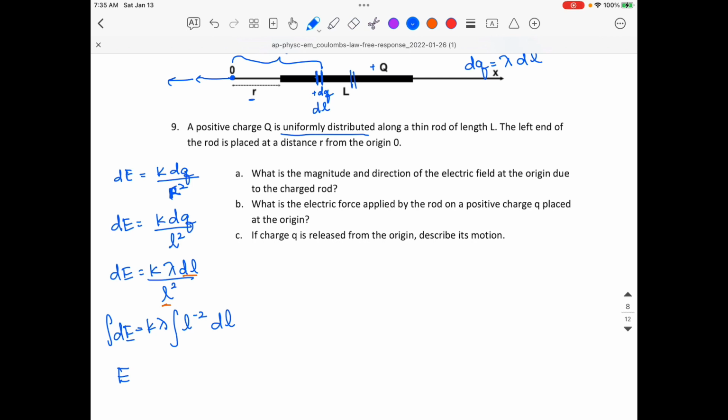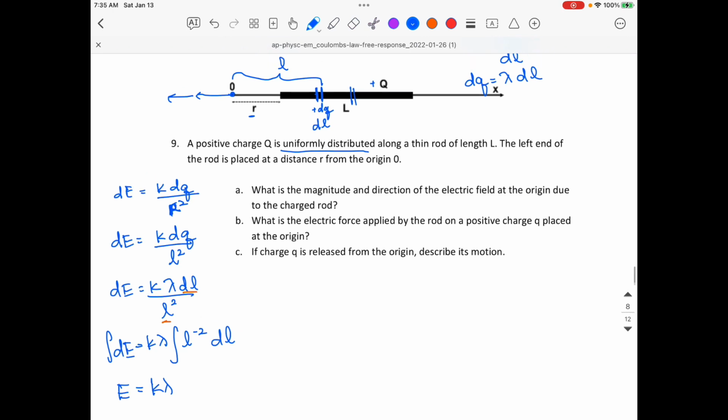This gives us our entire electric field. K lambda is a constant. I need to figure out what my limits are. So the length of the rod itself starts at lowercase r and goes all the way out to r plus L. So when I do my integration, I end up with L to the negative 1 over negative 1. So I can just call it negative, and then from r plus L to r.